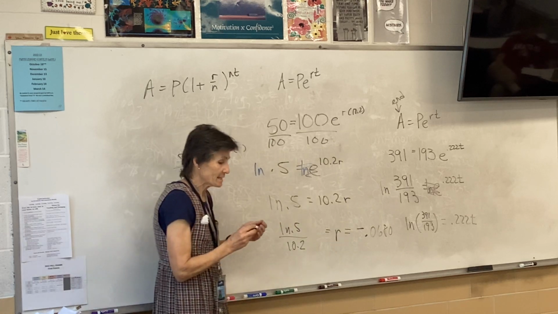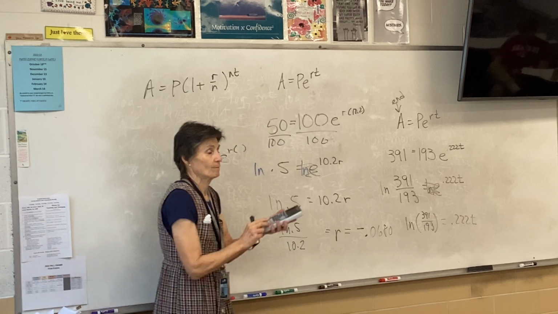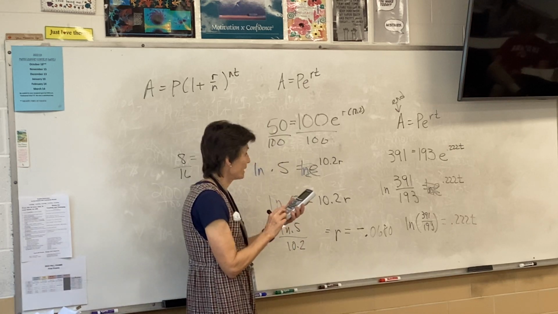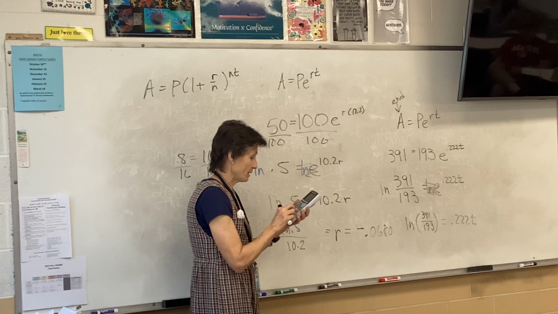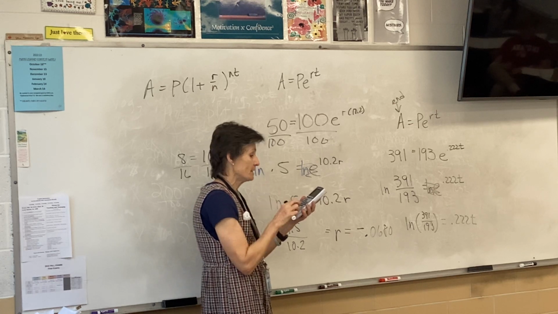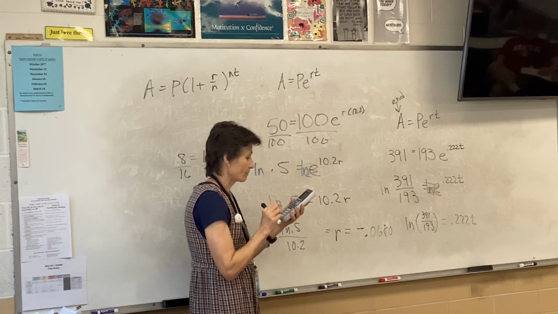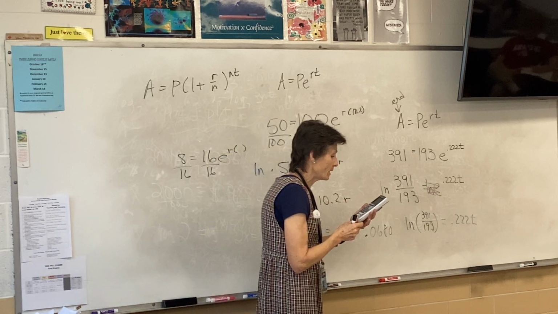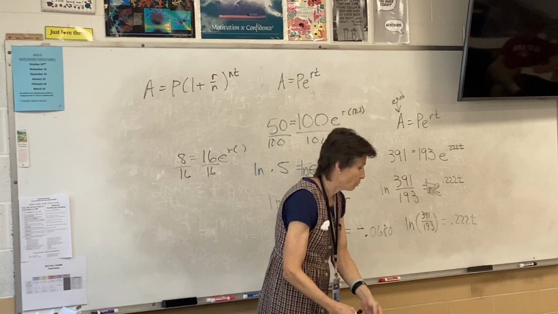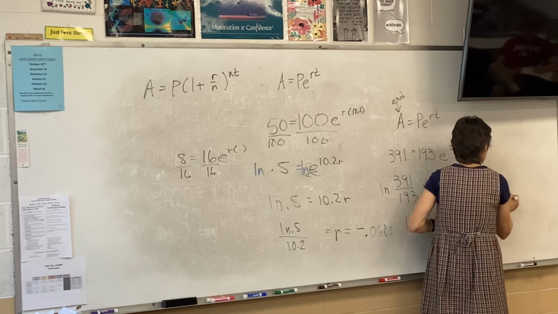So what will I type into my calculator to get my answer? ln(391 divided by 193), close parentheses, divided by 0.222. 3.1803. That's what I got. 3.1803.